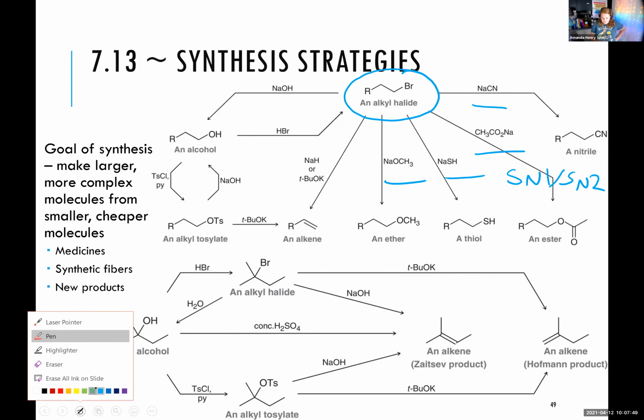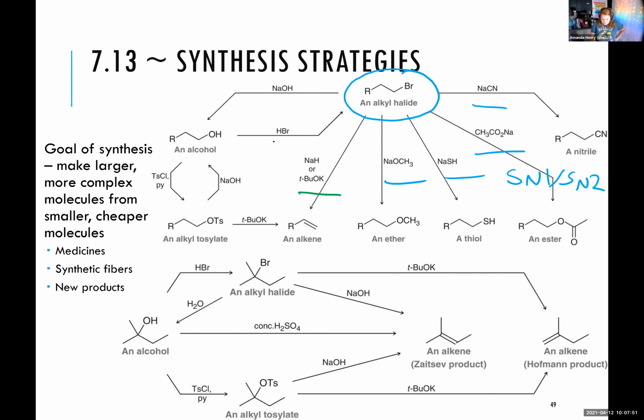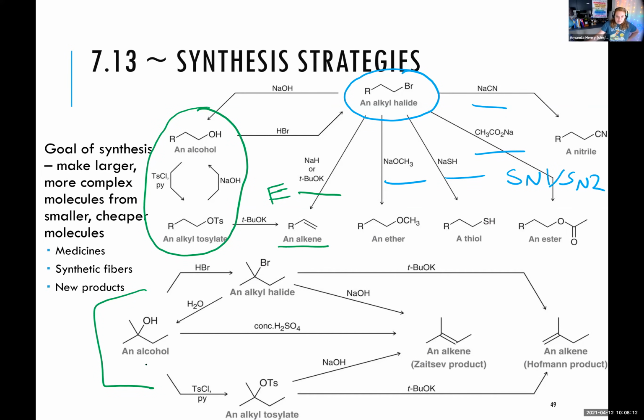If we react it with a base, we can make an alkene. So that's the elimination side. Over here, we have some of the alcohol stuff we just looked at. And then down here is the same. So turning that alcohol into a good leaving group that can then let us do substitutions or eliminations.